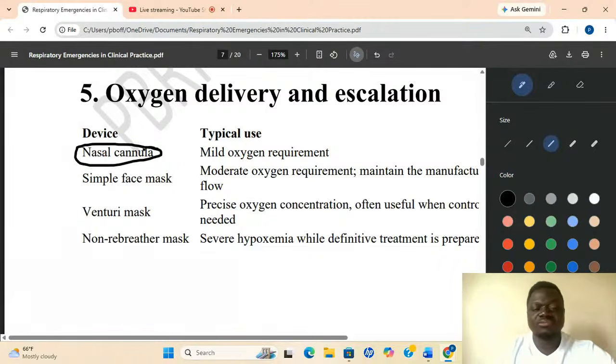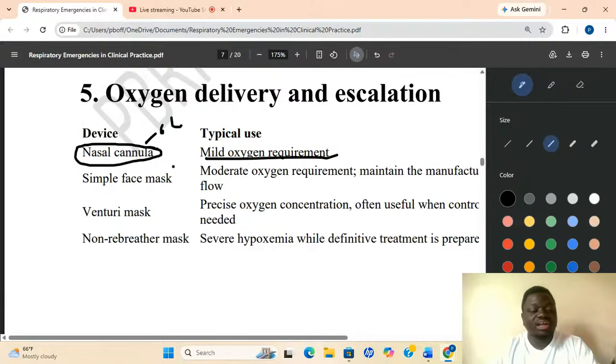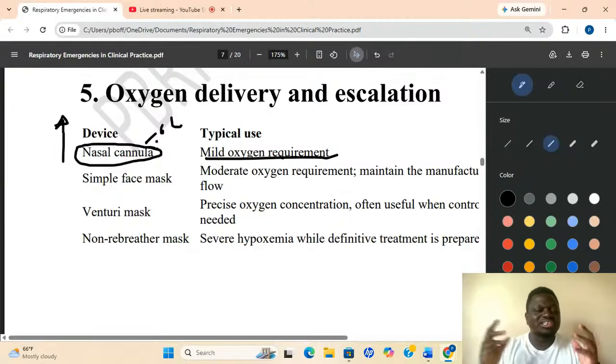This will give you sometimes up to 6 liters. Cool. Then still I can't breathe. Saturation is dropping, or even saturation is normal, but the patient is still complaining, I'm feeling uncomfortable, I can't breathe. But saturation is normal. Your machines, everything, you have changed the probe from one hand to the other, and the patient is okay.